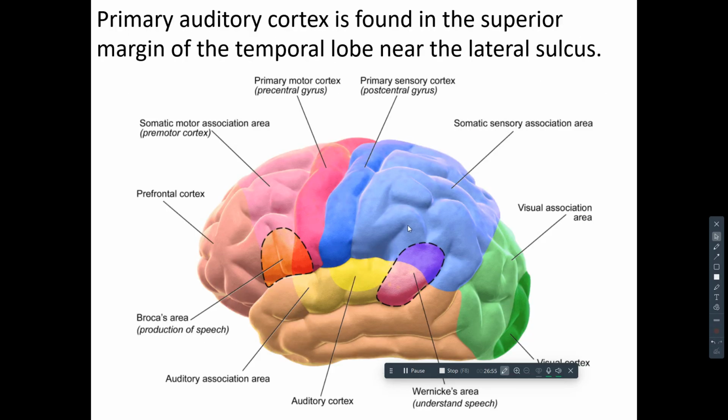So my primary auditory cortex is going to be found in a not very surprising place. It's sort of where we expect it, in the middle of the temporal lobe right there, corresponding to structures in the ear, of course.